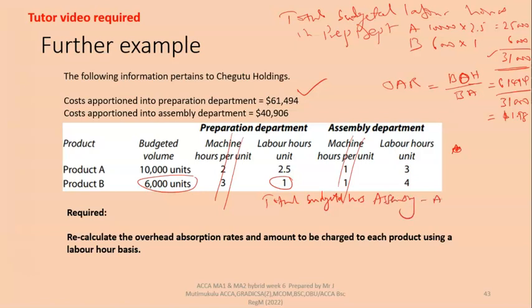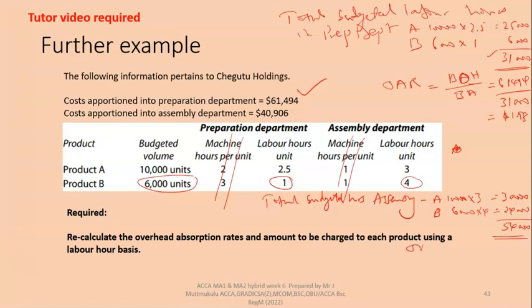Let's say product A, 10,000 units multiplied by the 3 hours per unit, so we can see that there are 30,000. Then product B, 6,000 units, and they require 4 hours, 24,000. So you can see that total labor hours budgeted were 54,000 hours.